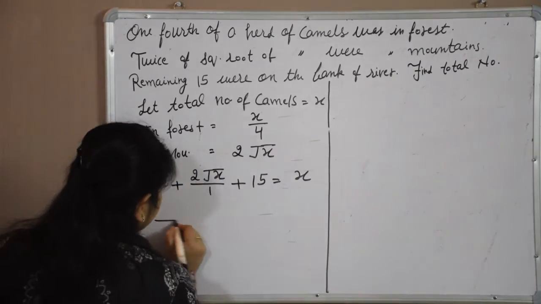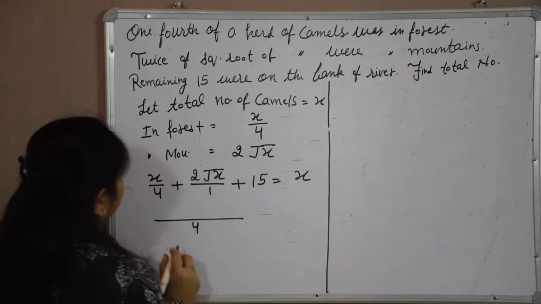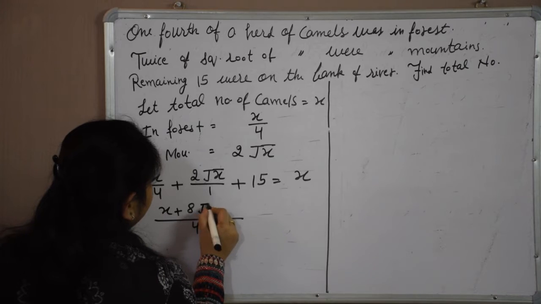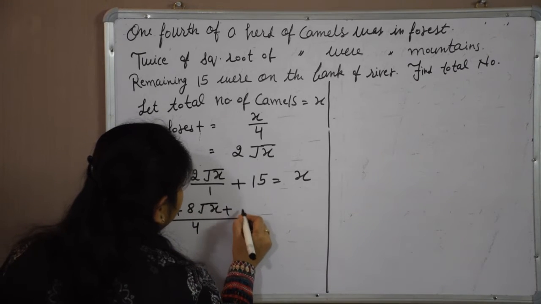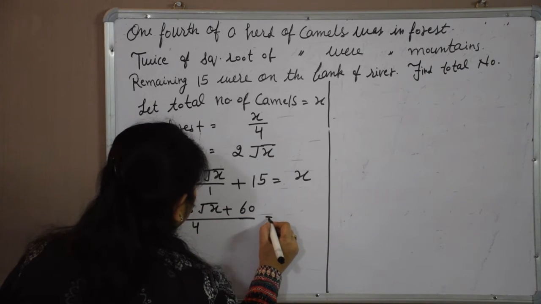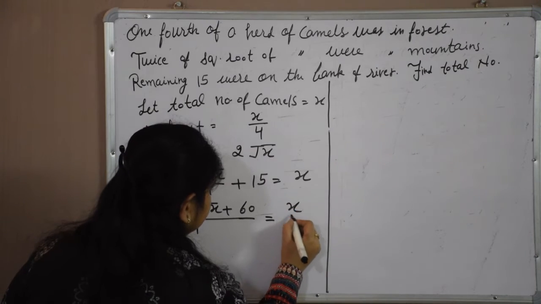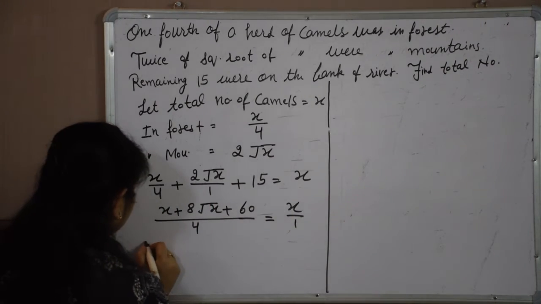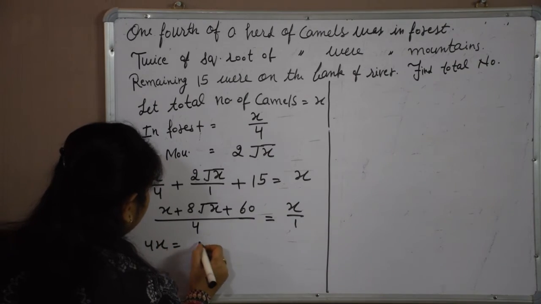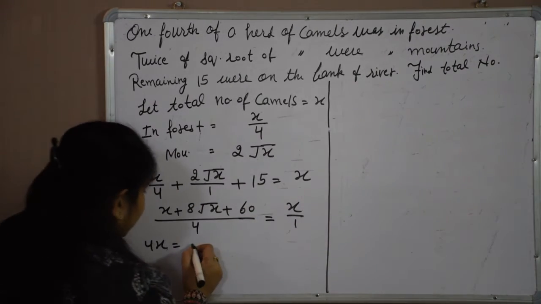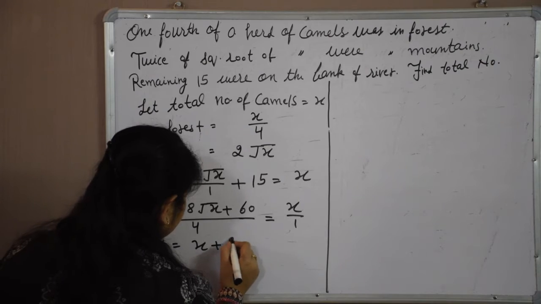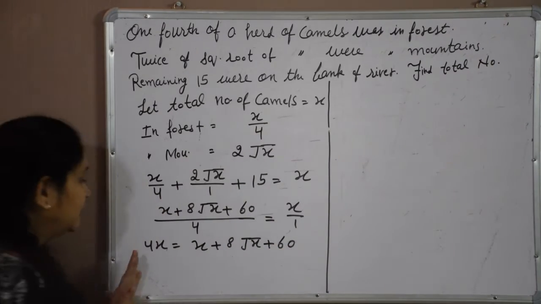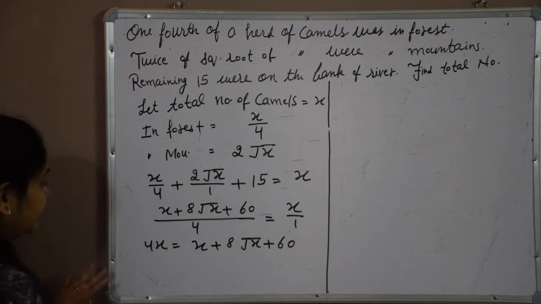We will first take the LCM. 4x plus 8 root x plus 60 equals x. So we will cross multiply: 4x is equal to x times (x plus 8 root x plus 60)... these are two equal expressions. How will we solve?